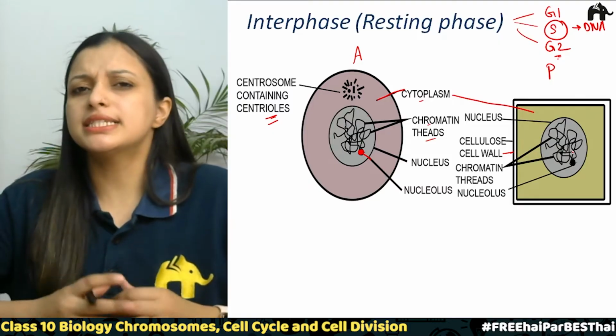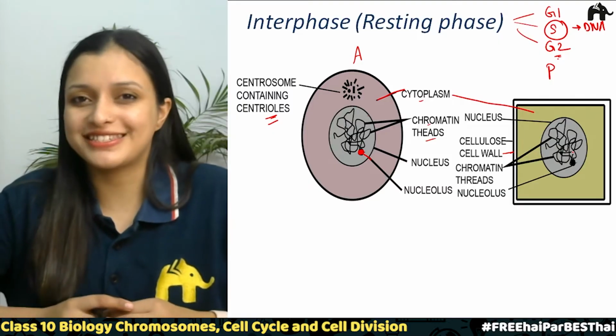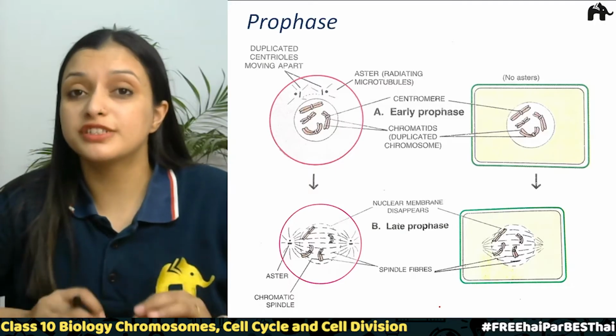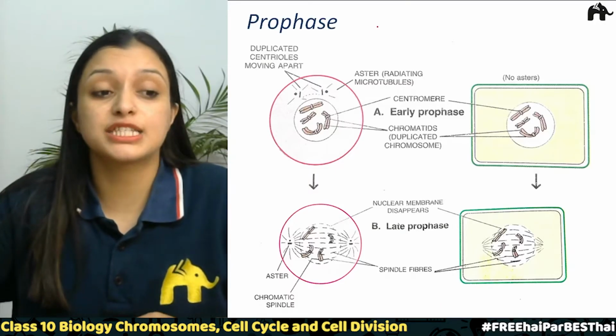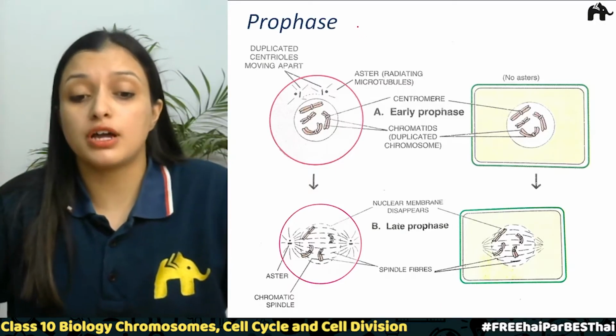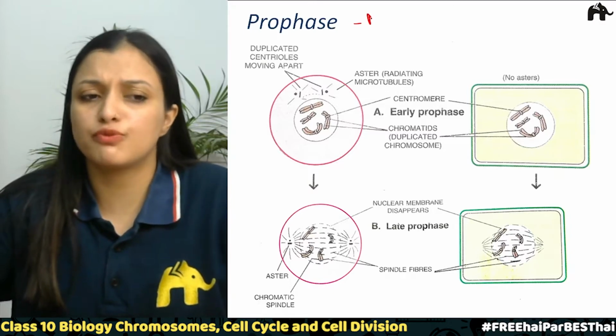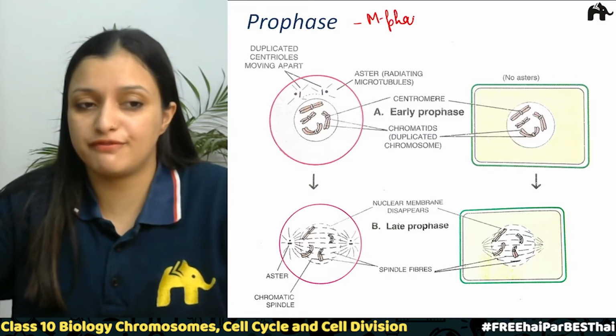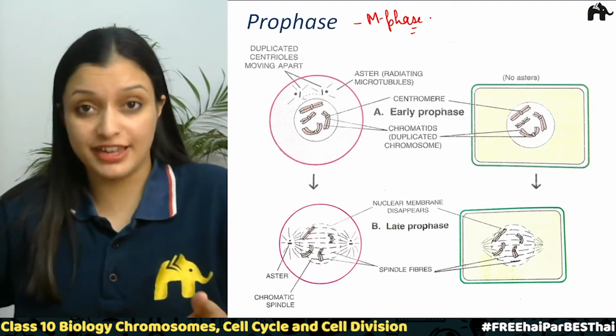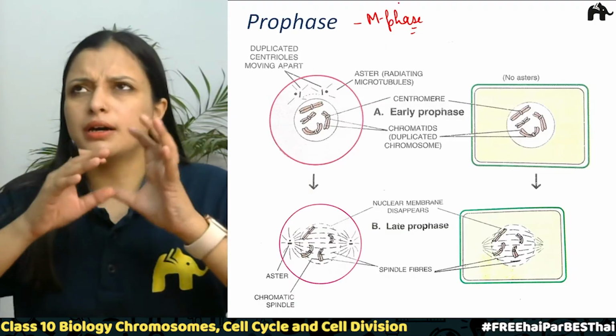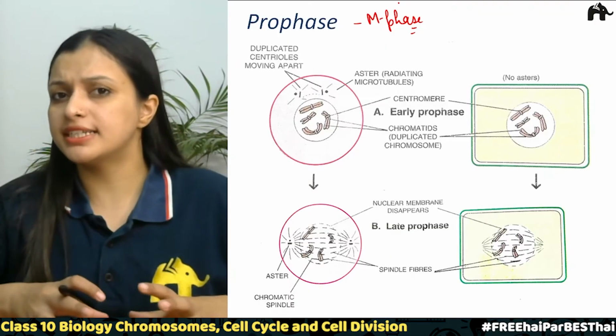Correct? So let us see what happens in the prophase. Now, coming to the first phase of M phase, that is prophase. This is the first phase of the M phase, the mitotic phase, correct? Just recall what we studied in interphase.